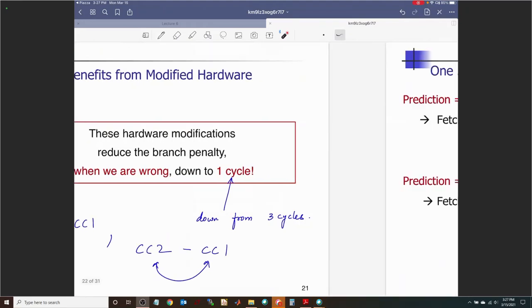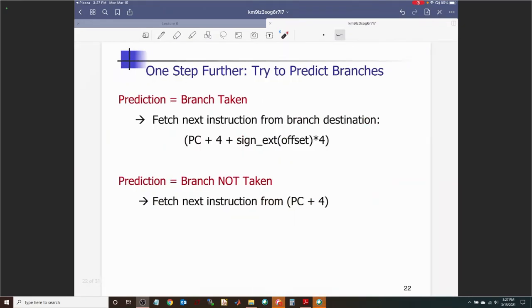All right. Now let's try to go one step ahead, because there is also this probability of branch being taken and probability of branch being not taken, right? So let's try to see if we can actually predict the branches. And how would you predict? If I ask you guys, on what basis would you base your prediction on, what would you say?